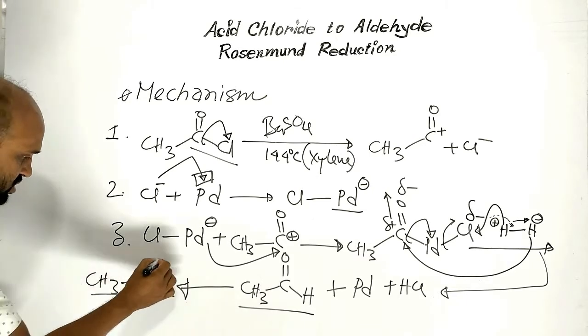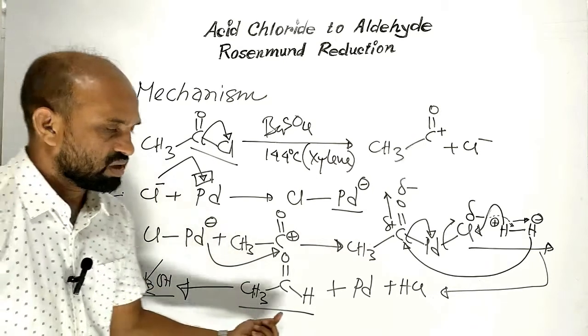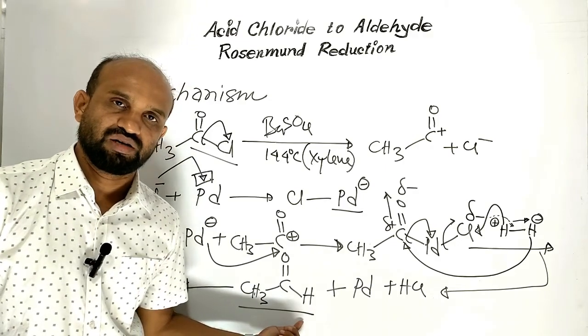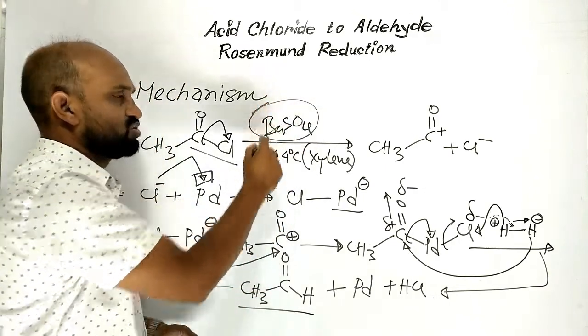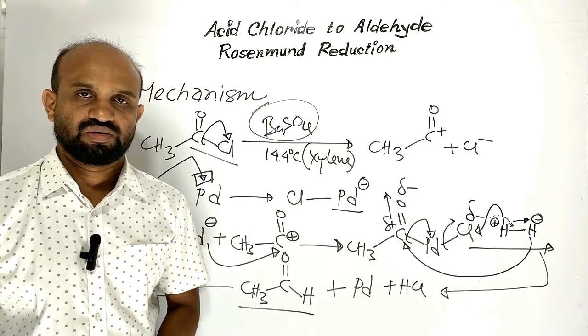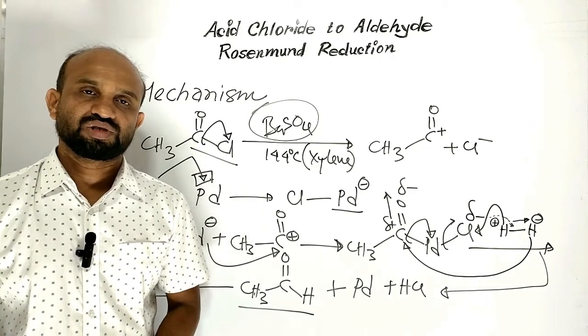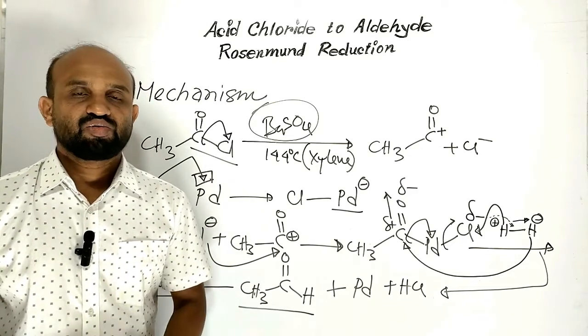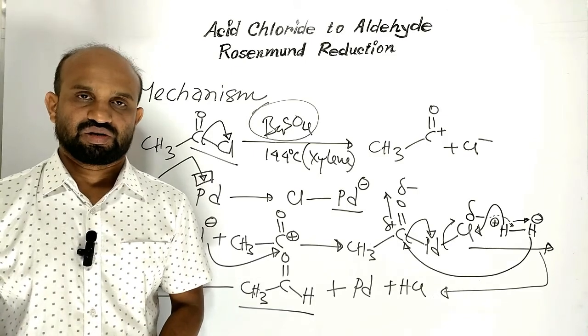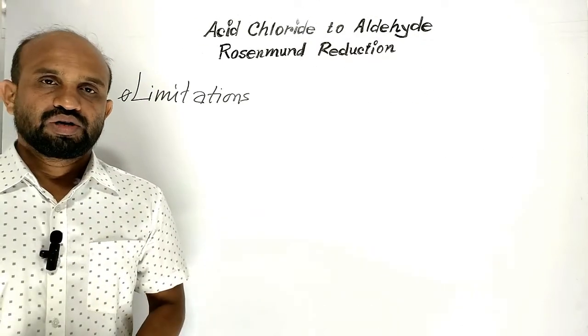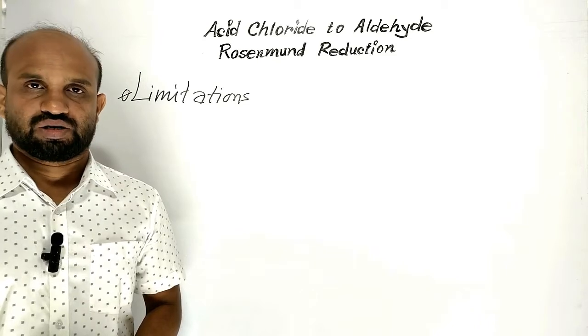To prevent formation of alcohol and to produce aldehyde, barium sulfate is used as catalyst poison. This is the mechanism of Rosenmund reduction. Now let's see what the limitations of Rosenmund reduction are. Now, limitations of Rosenmund reduction.